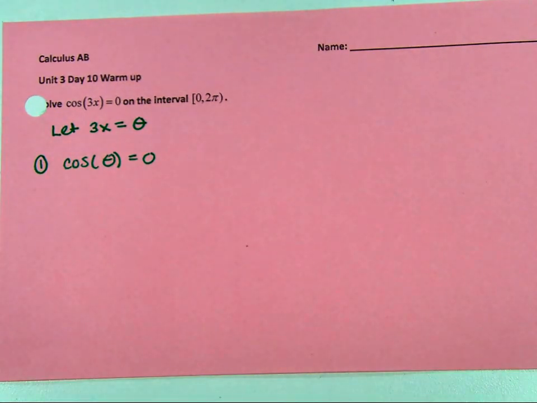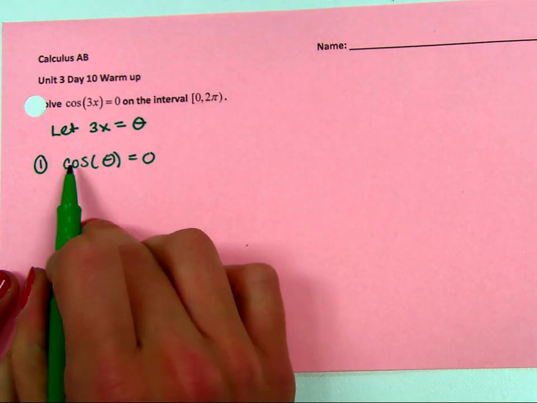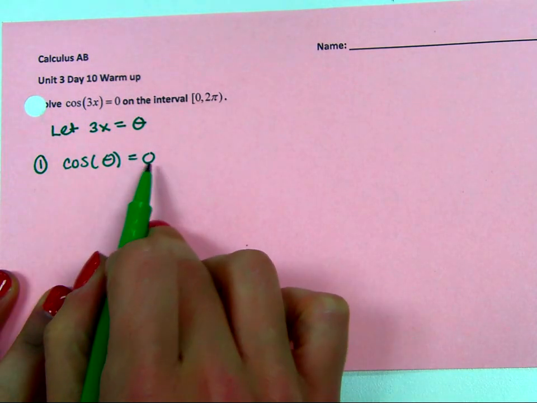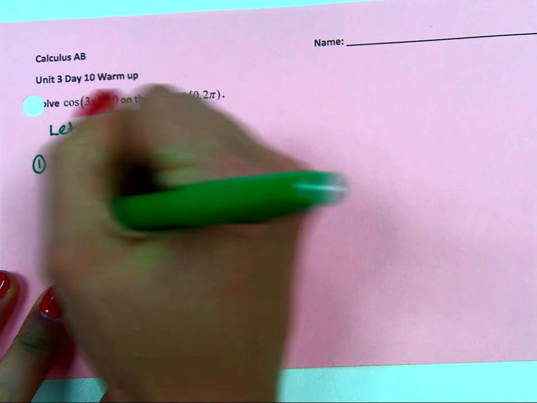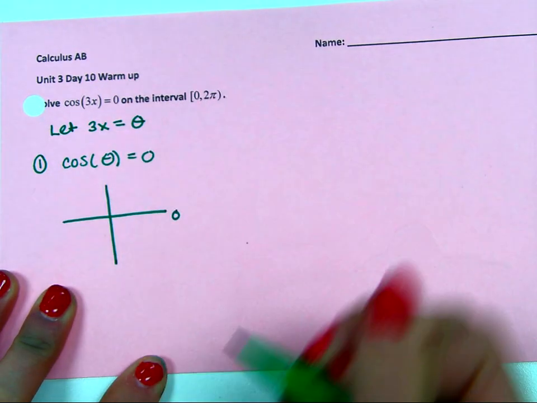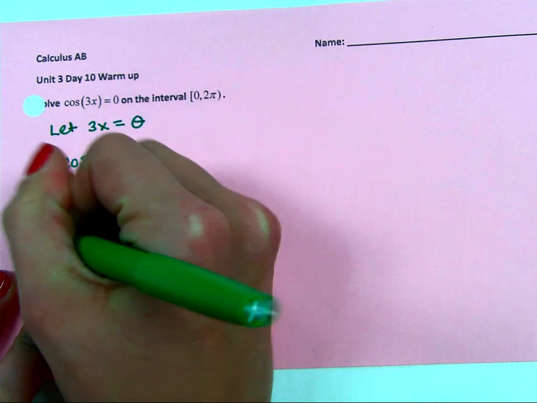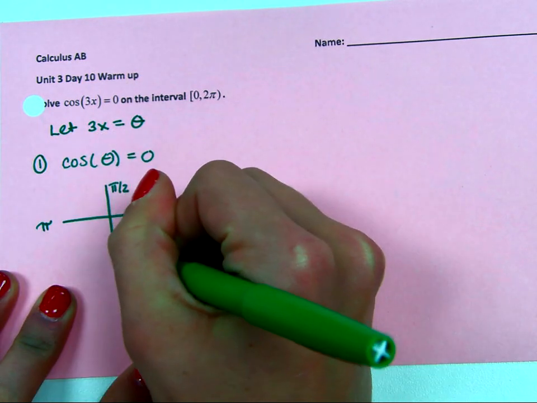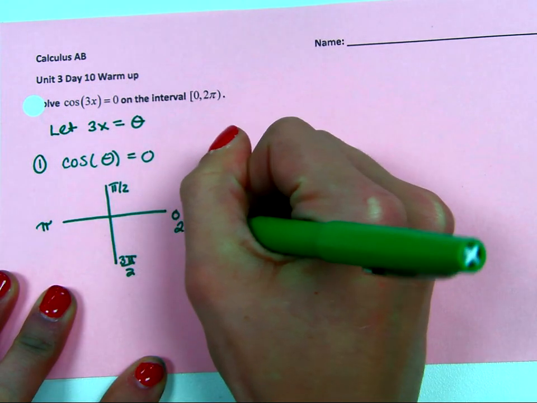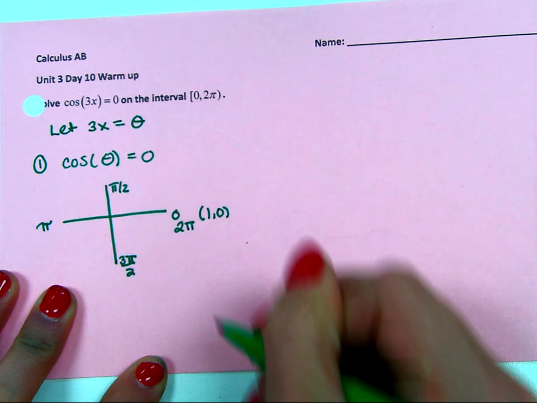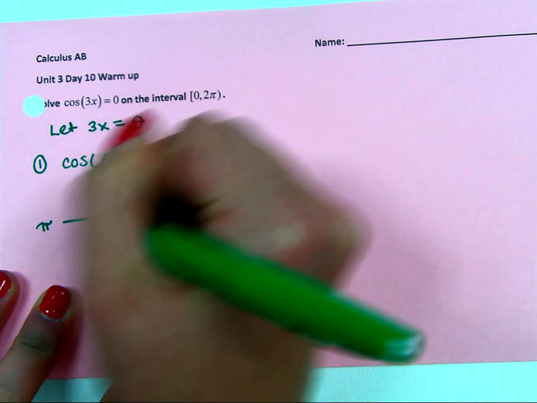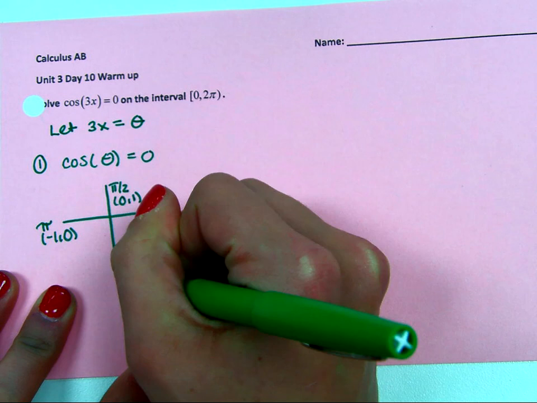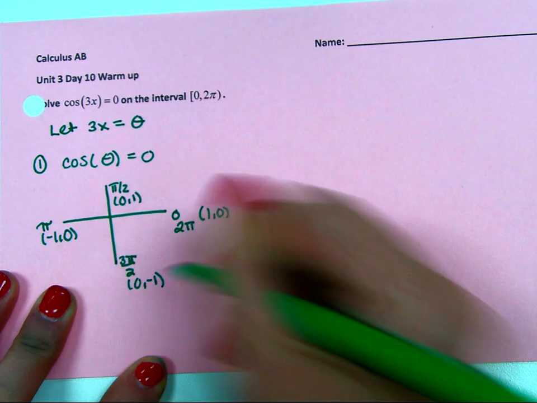All right, so here on our unit circle, where do you have a cosine value of 0? If you're not sure, think about your unit circle. This is 0, pi over 2, pi, 3 pi over 2, and 2 pi, and these are your points: 1, 0; 0, 1; negative 1, 0; and 0, negative 1.